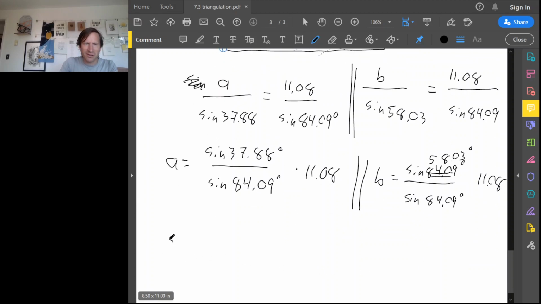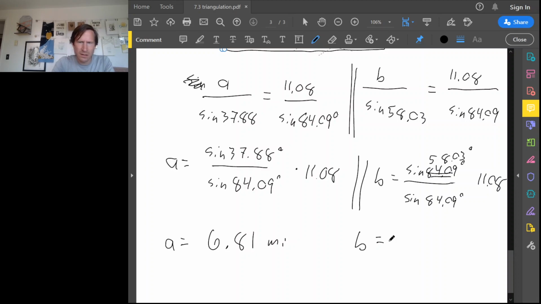So now we can put this all into a calculator. A is, so sine of 37.88 divided by sine 84.09 times 11.08. I get 6.81, and this is miles, I guess.